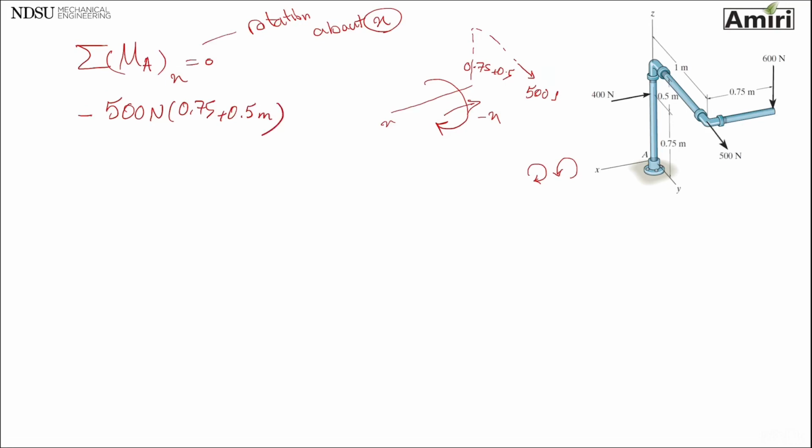The other force that I see is 600 newtons. Again, this is my X axis. This 600 is also trying to rotate this way about X axis. It is located at a distance of 1 meter from X axis, and if I use the right hand rule, this one is also pointing towards negative, so that's also minus 600 Newton times 1 meter equals 0.